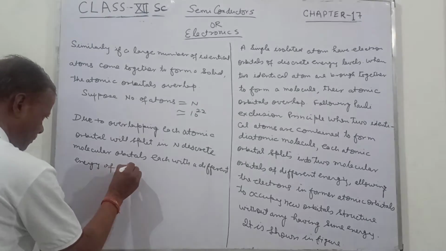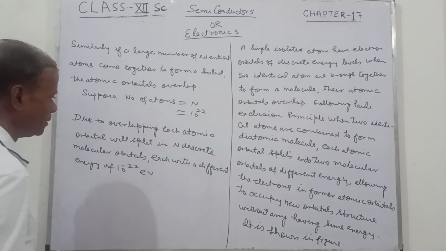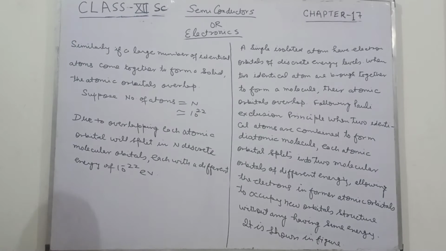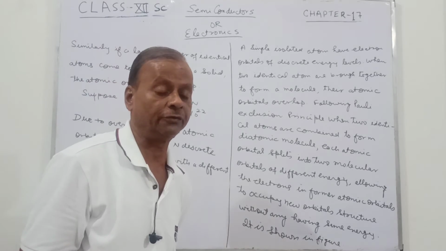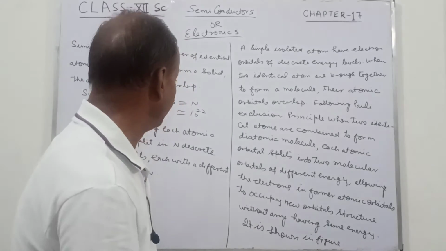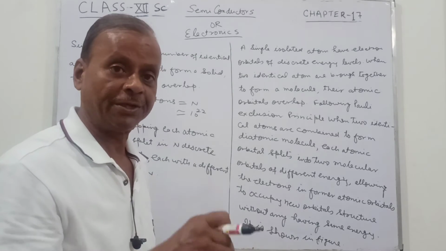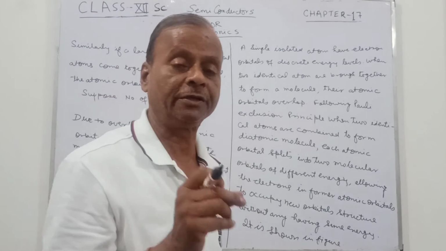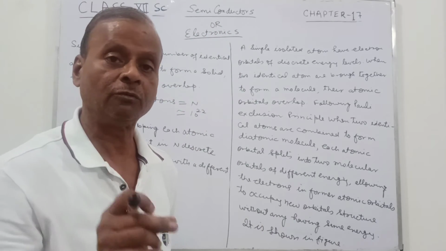Of 10 raised to the power minus 22 electron volt. What we have said is that suppose there are n orbitals, and the energy of the orbital is 1 electron volt. If there are so many atoms, then when they split, the energy of each orbital will be 1 upon 10 raised to the power 22 electron volt.